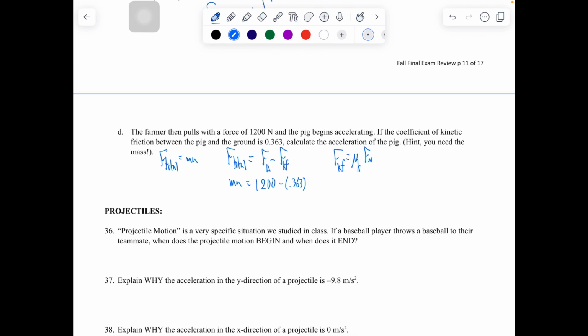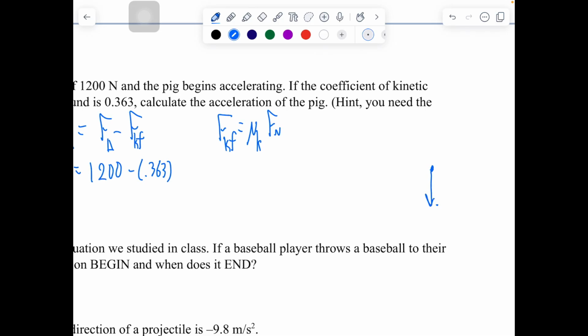But if we drew out a free body diagram, we could say there's gravity, normal force balancing gravity, some applied force, and a smaller force of kinetic friction.